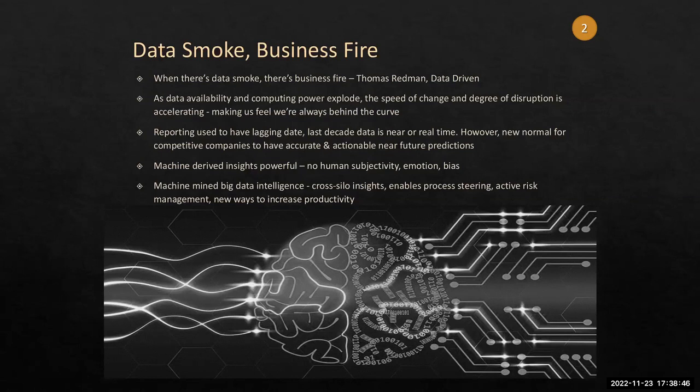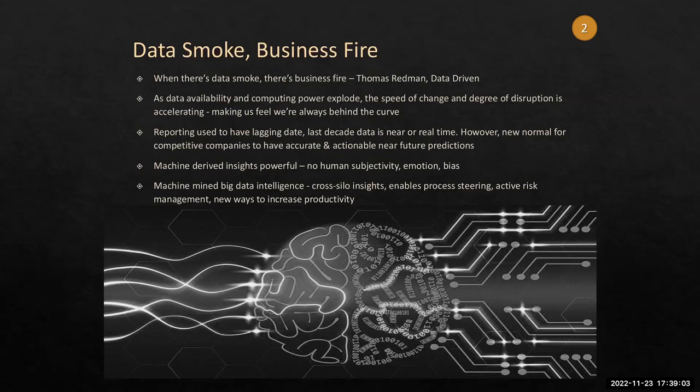Machine-derived insights are powerful because there's no human subjectivity, emotion, and bias. And machine-mined big data intelligence and cross-silo insights enable process steering, active risk management, and new ways of increasing productivity.